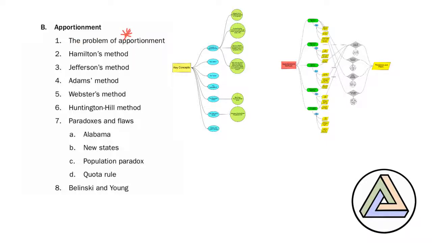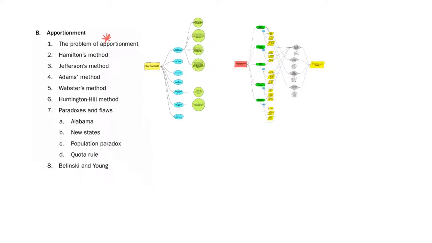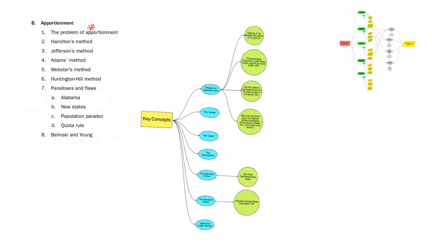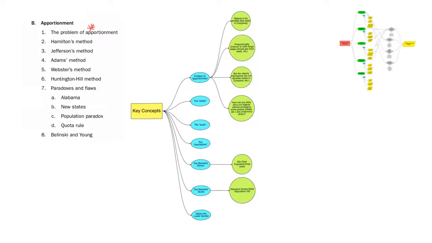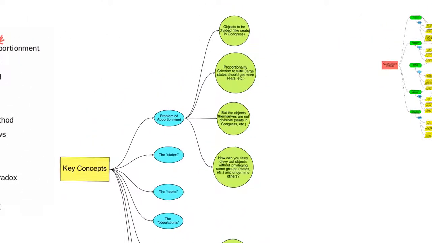So what is the problem of apportionment in general? Well, basically, apportionment is when you're attempting to divide objects up that are themselves indivisible. So what do I mean by that? Basically, if you look at the key concepts flowchart, the problem of apportionment says that there are objects to be divided, like seats in Congress.